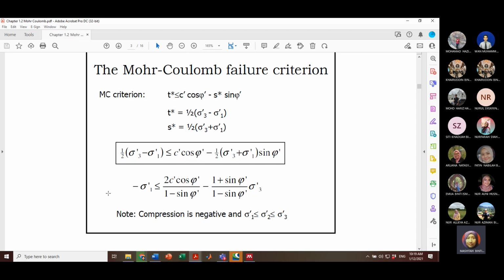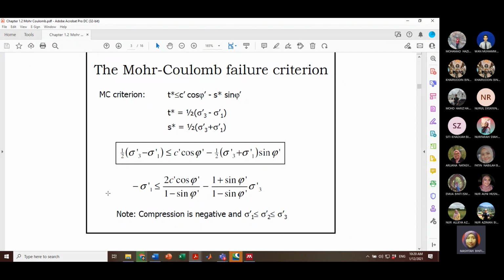Another important point is the sign convention that indicates whether the sample is in tension or compression. In geotechnical engineering, we may consider compression of the sample as positive.